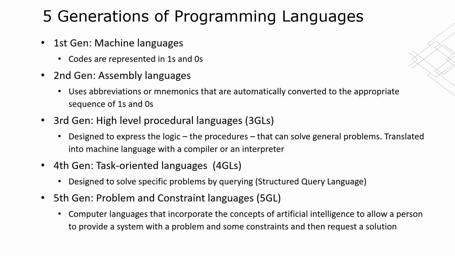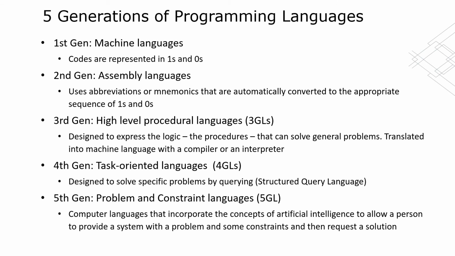So the third generation language, or sometimes people call it a high-level procedure language or 3GL, is designed to express the logic, the procedure that can solve general problems. So the third generation language codes are translated into machine language with a compiler or an interpreter. The fourth generation language is called task-oriented language or 4GL, designed to solve specific problems by querying.